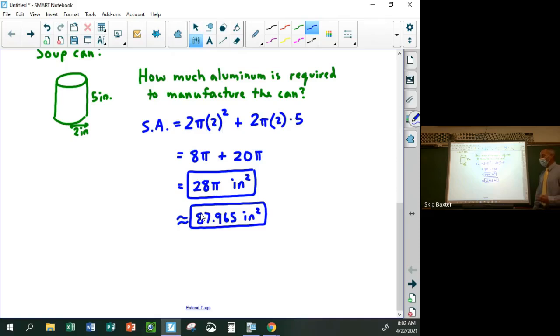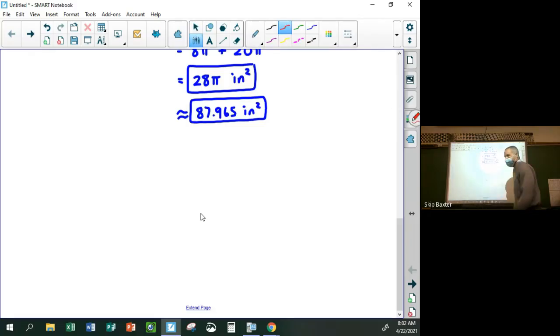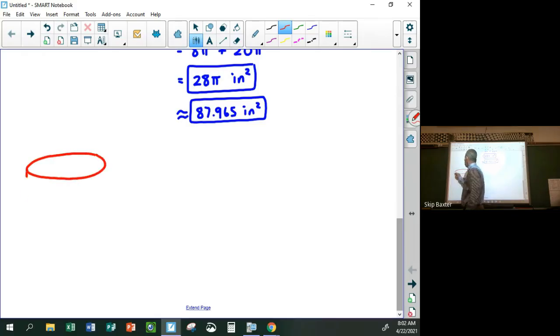Now there's a couple ways that they might try and confuse you in these problems or mess you up. One way they might try and confuse you is instead of giving you the radius, they might give you the diameter. That's not that big, right? Like if they said, here's a cylinder, like that.